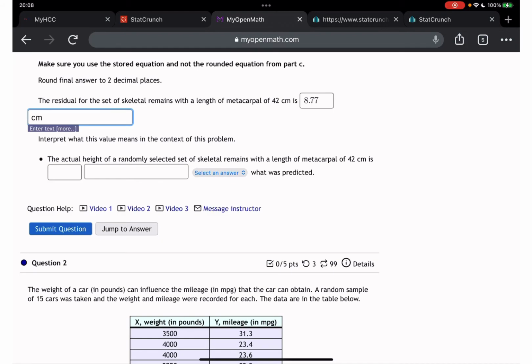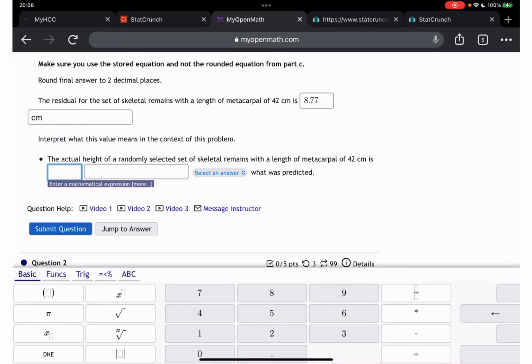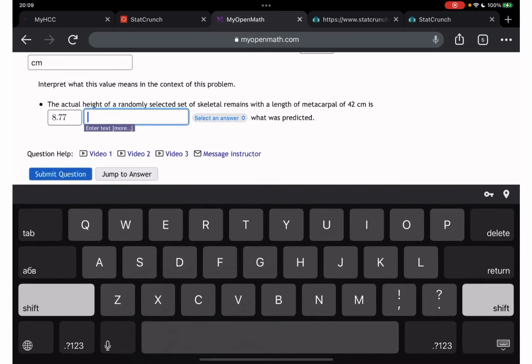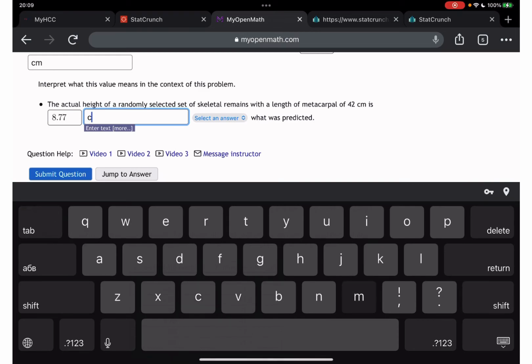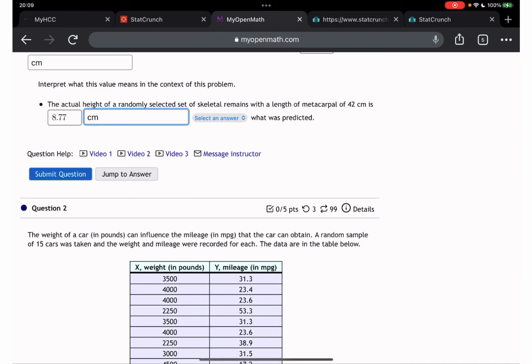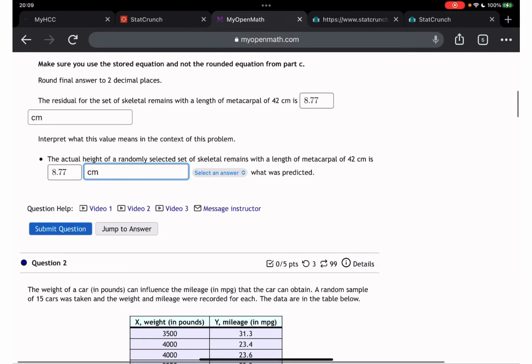So the actual height of a randomly selected set of skeletal remains with length of metacarpal of 42 is 8.77 centimeters above what was predicted, because the residual is positive.